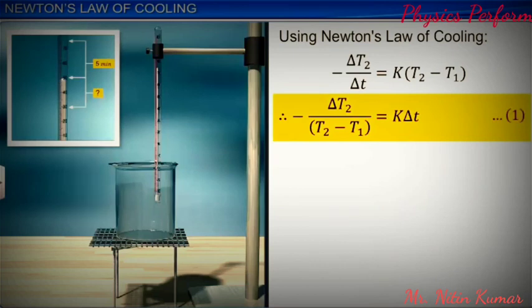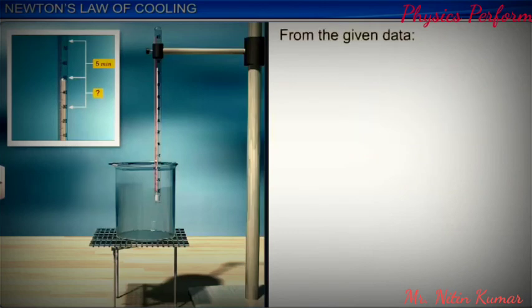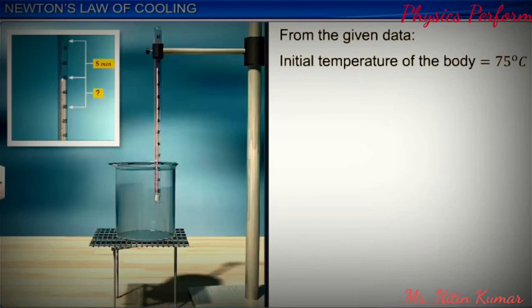This can be written as a change in the temperature by temperature of the body minus temperature of the surroundings is equal to K into time. It is given that the initial temperature of the body is 75 degrees Celsius and its temperature after 5 minutes is 50 degrees Celsius.